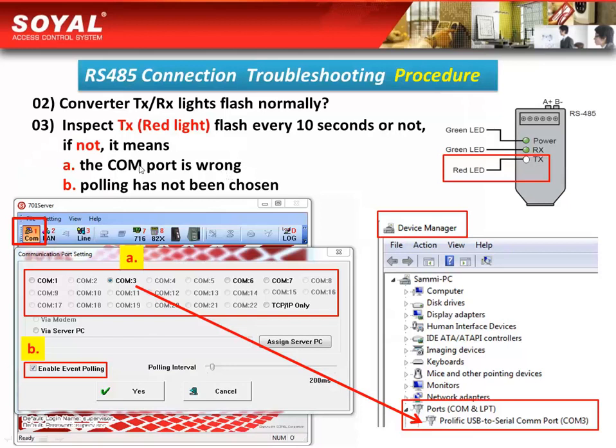Next, inspect whether the TX red light flashes every 10 seconds or not. If not, there are two possible reasons. First, the COM port is wrong, and we can use the device manager to confirm our COM ports. The second possible reason is that polling has not been chosen. Here we can see the enable event polling. Remember, the event polling must be selected.